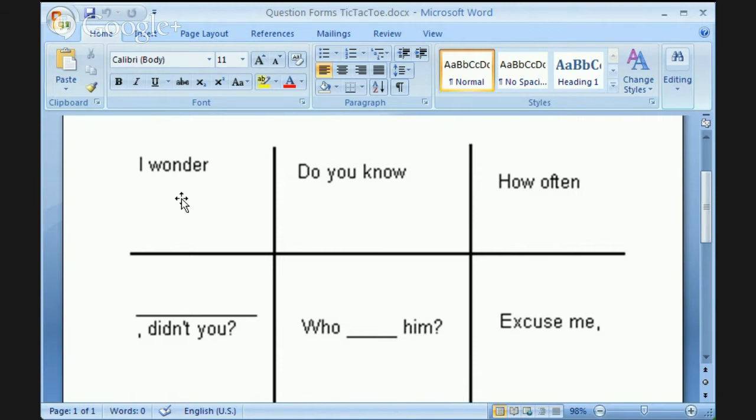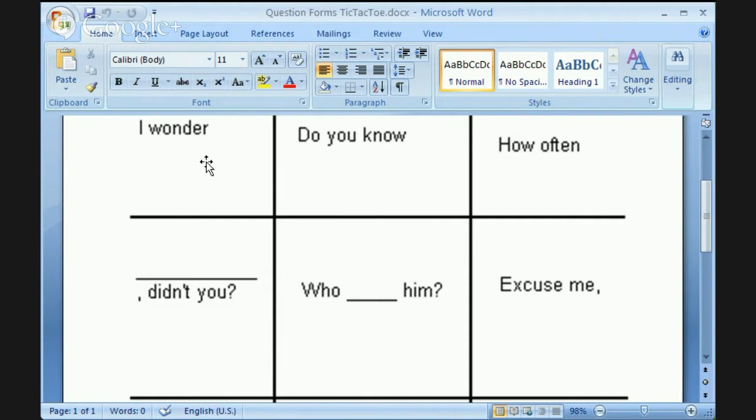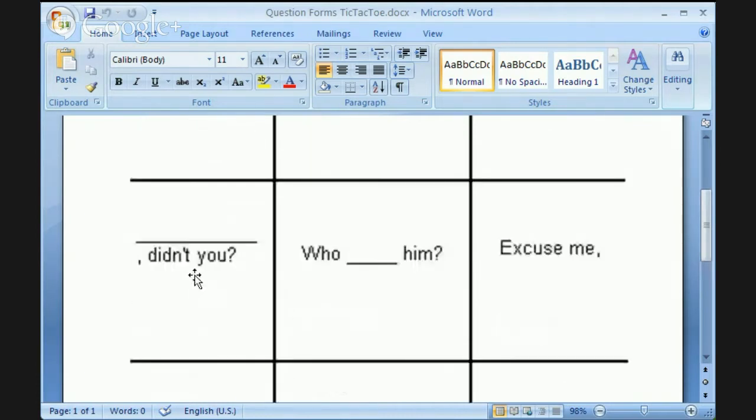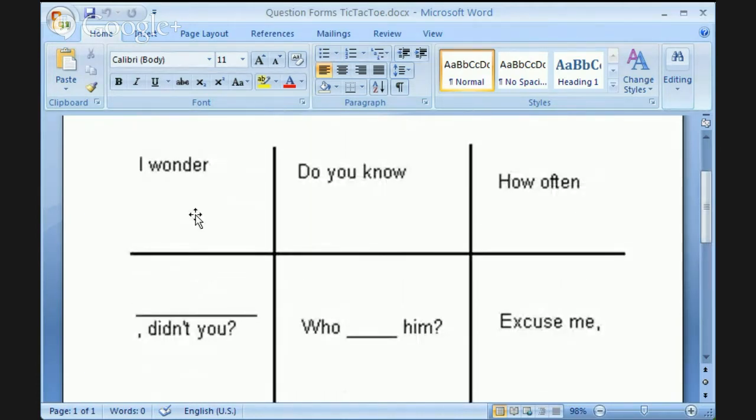You can give yourself an X, an O, a heart shape, a star, a smiley face. I don't care. But the object is to get three in a row horizontally across, or down. Yeah, gotcha.